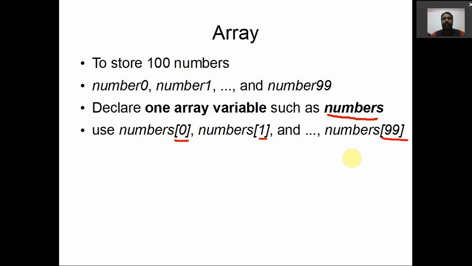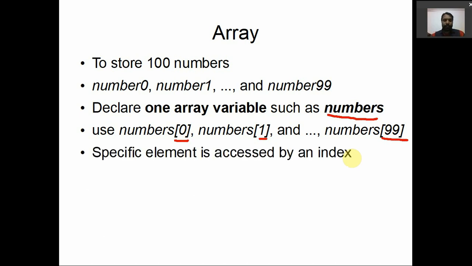So arrays store values using indexes. A specific element in an array can be accessed using an index. If you want to get the marks of the 50th student, you have to get numbers[49], since here we are starting with 0 indexing.